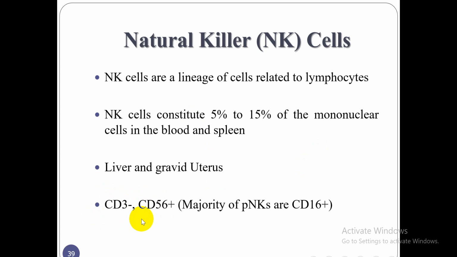So if we want to distinguish NK cells by flow cytometry, they are CD3 negative, CD56 positive, and the majority of NK cells which are present in peripheral blood are CD16 positive.